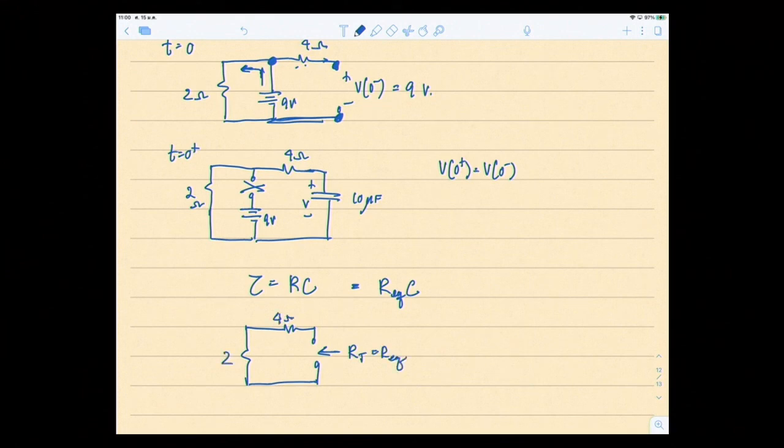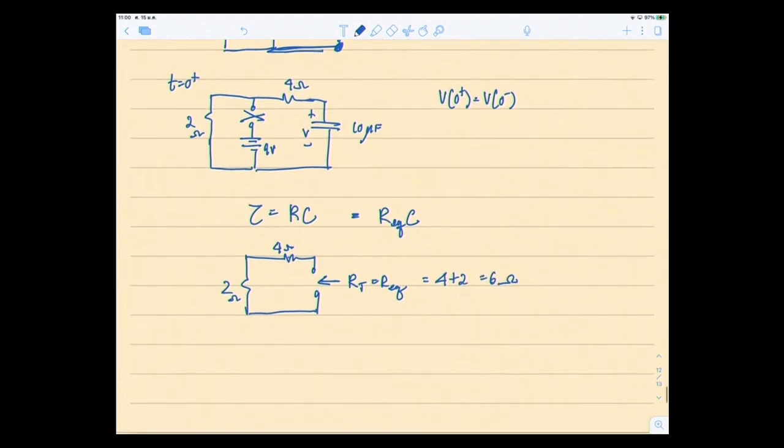So looking from the capacitor point of view, what are the R's connected to that capacitor? The 2 and 4 ohms are in series, so 4 plus 2 is 6 ohms.